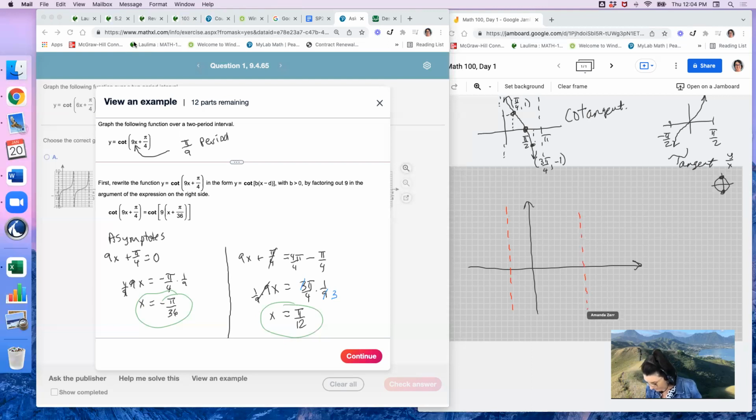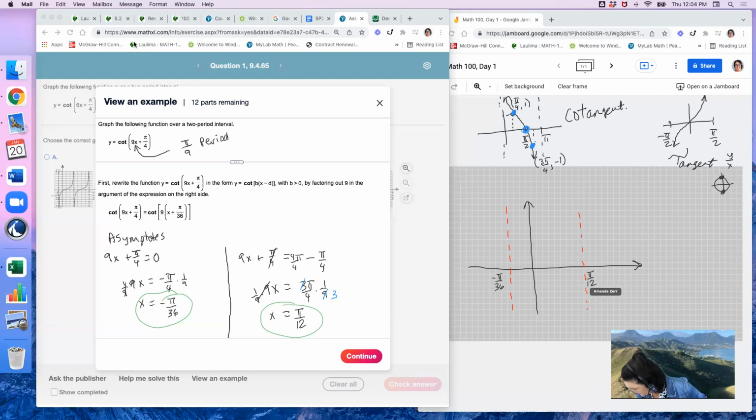Okay, and now my goal is to figure out the midpoint and then the midpoints of my two intervals to get my key points. So the midpoint of the asymptotes, let me just label those asymptotes. This was at negative pi over 36, and this one was at pi over 12.